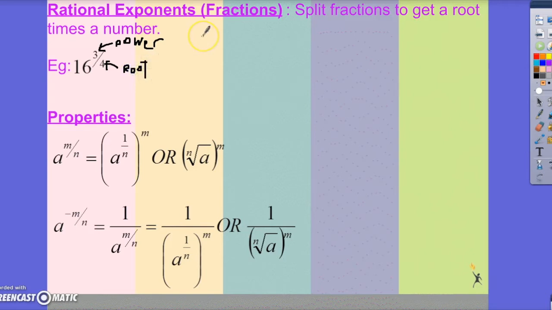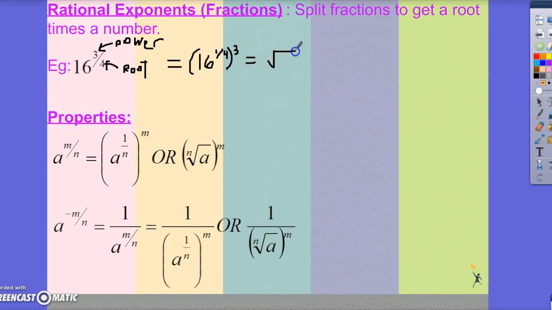So how we would write this is I split it up, I keep 16, I keep the denominator inside, so it's the 1/4 power. And then the numerator, which is the power, goes right outside. So once again, I take the power that comes out front. The root is just 1 over whatever the root is.